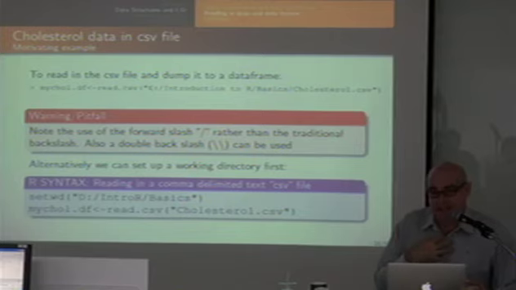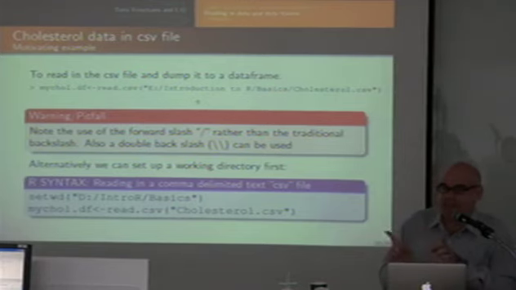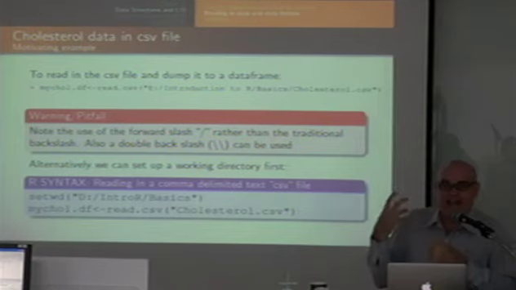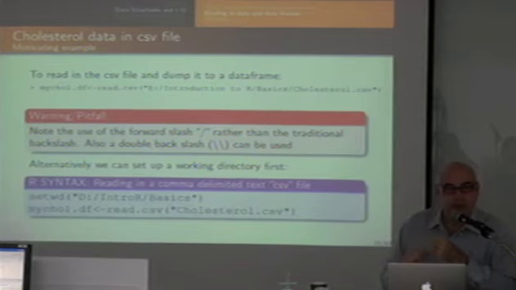I don't actually do it this way. What I do is I split this up into 2 different steps. I set my working directory where my data is, where I want to read data from and send data to. And I will set that up first. So set working directory. Sorry, I've changed the drive level there.